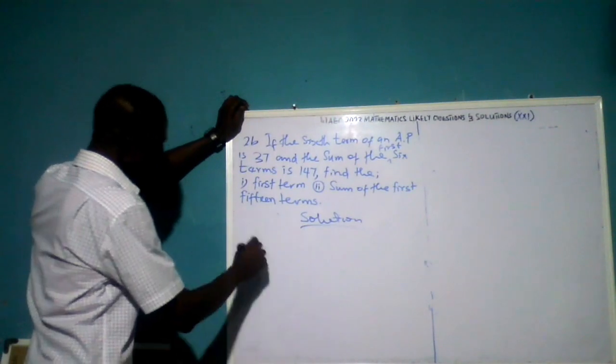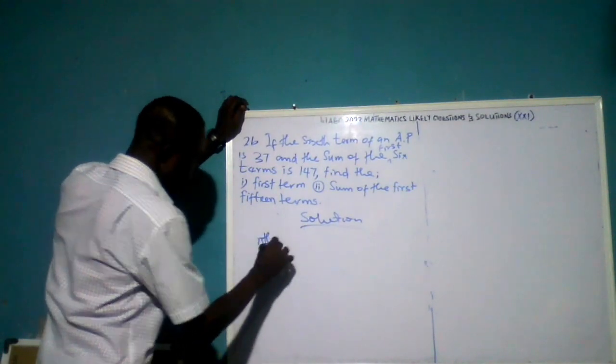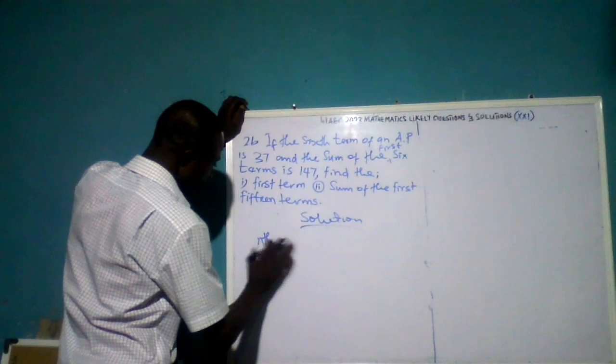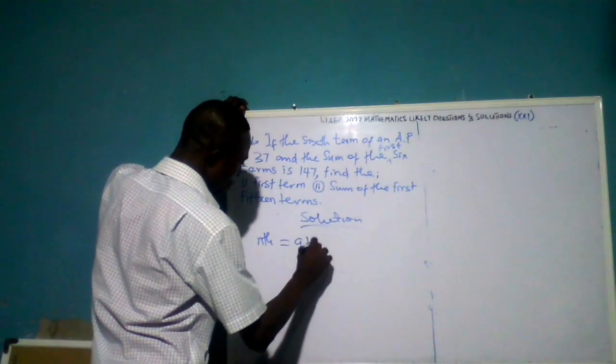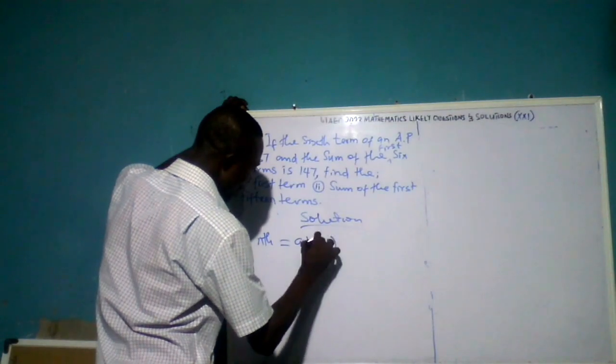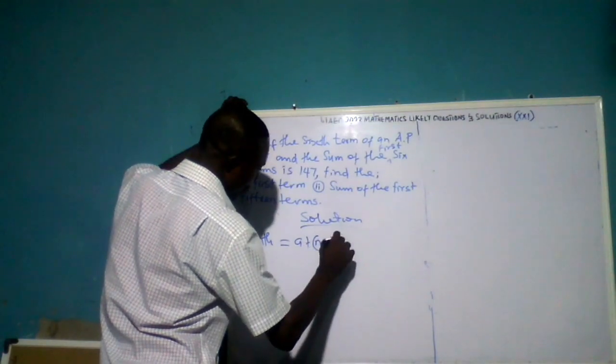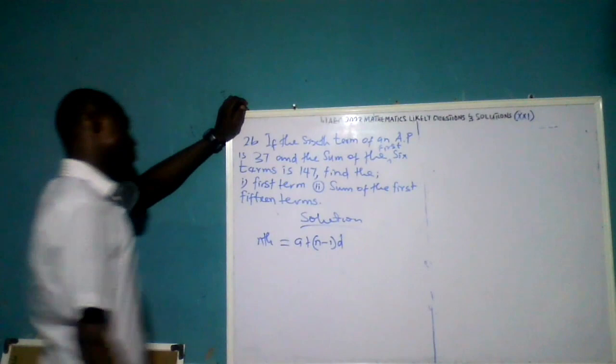Recall that the nth term of an arithmetic progression is given as a, which is the first term, plus n minus 1, close brackets, multiplied by d, which is the common difference.